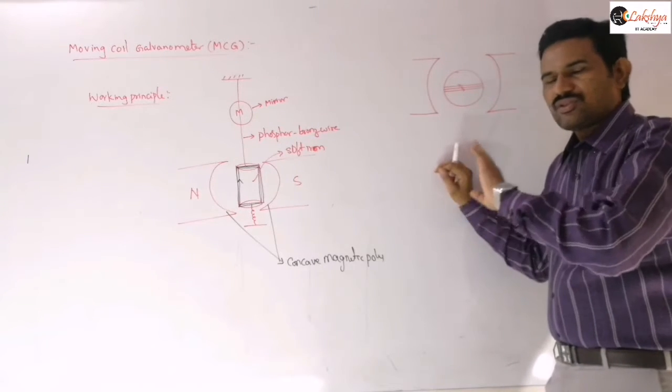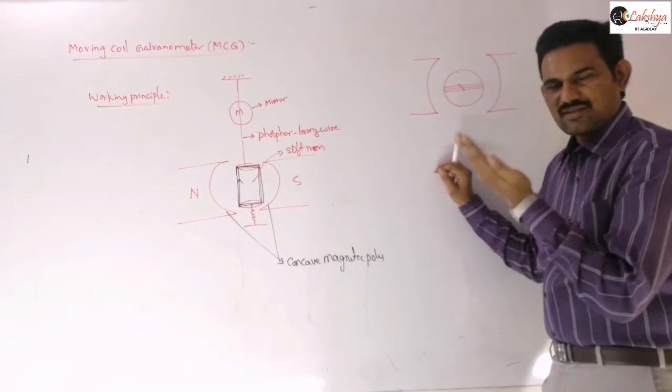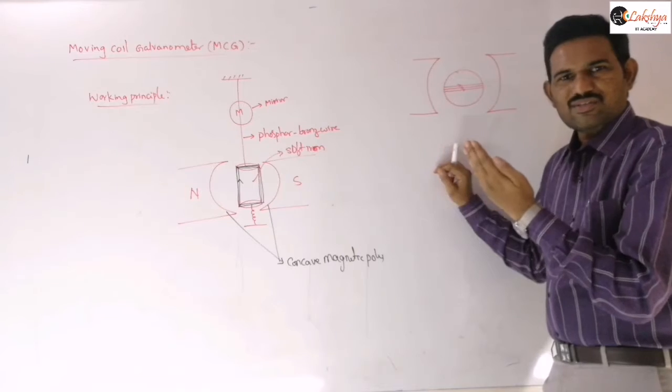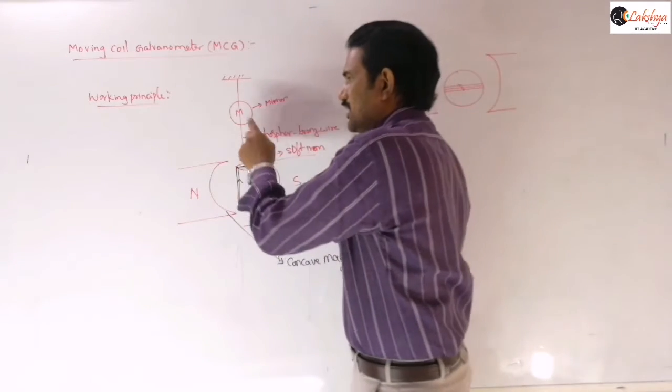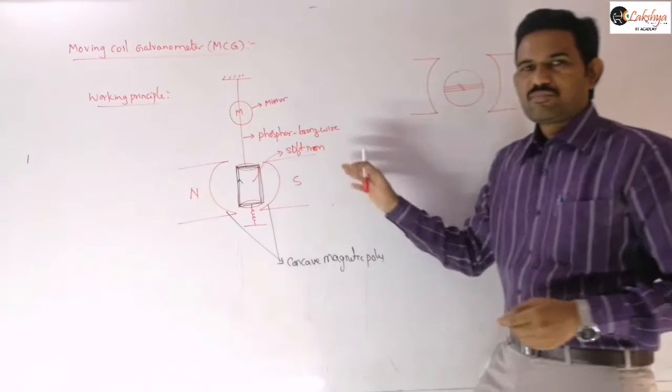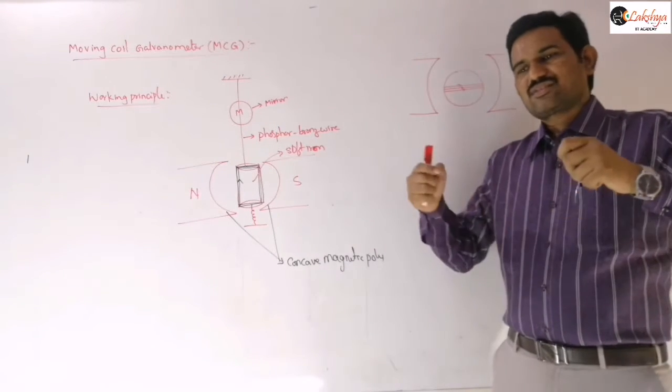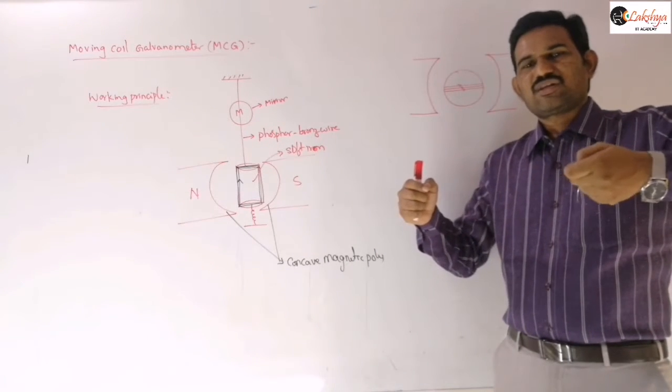On this current carrying coil, one torque is acting, that is the magnetic torque, which we mentioned as MB sin theta in our previous classes. And once this wire is twisted, some restoring torque will be developed. Restoring torque means, just take a wire, twist one end and release it.